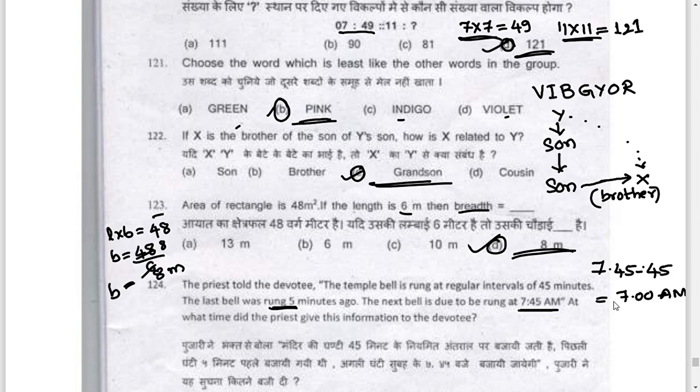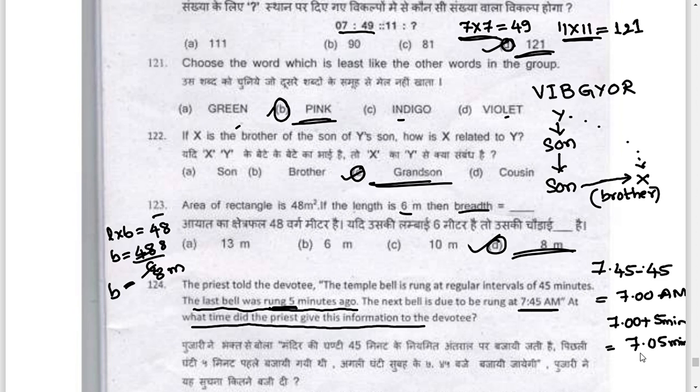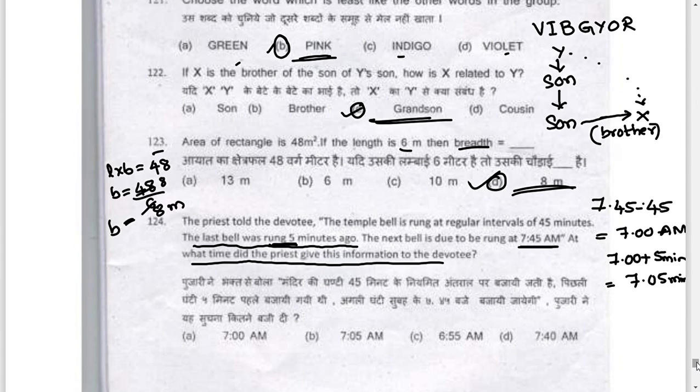So he told that the bell was rung 5 minutes ago. So 5 minutes ago means here you add 5 minutes. It will become 7:05. At what time did the priest give this information? Means it is at 7 a.m. and 5 minutes. So the answer is this one. Option B is the correct one.